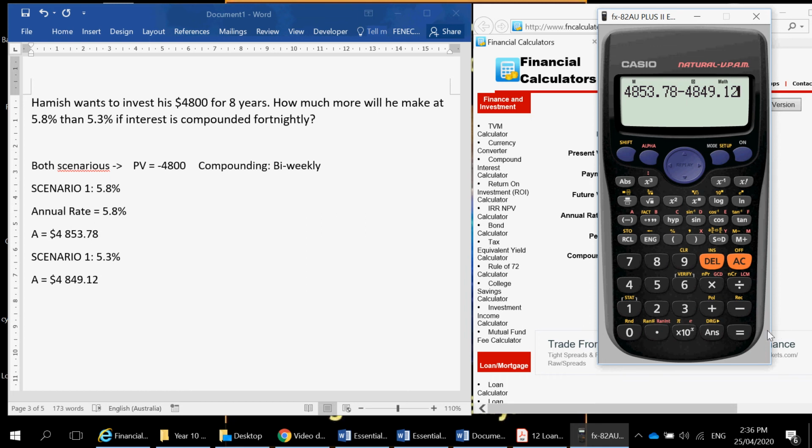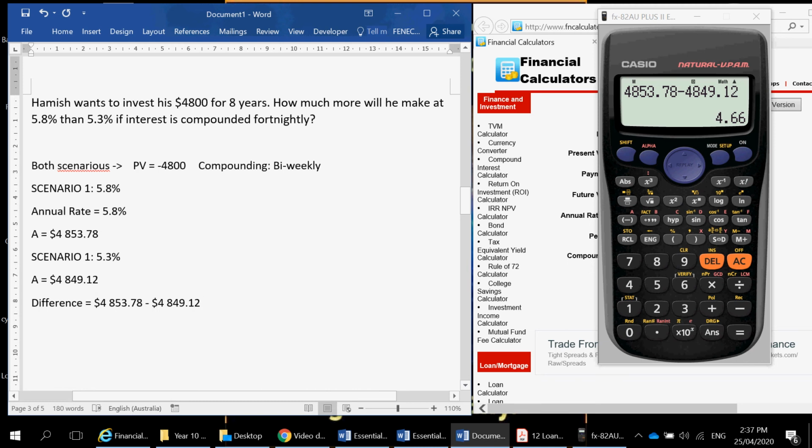Difference means subtraction. So the difference will be the amount he earned at 5.8%, subtract the amount he earned at 5.3%, which gives us a whole $4.66. Therefore, Hamish will make $4.66 more.